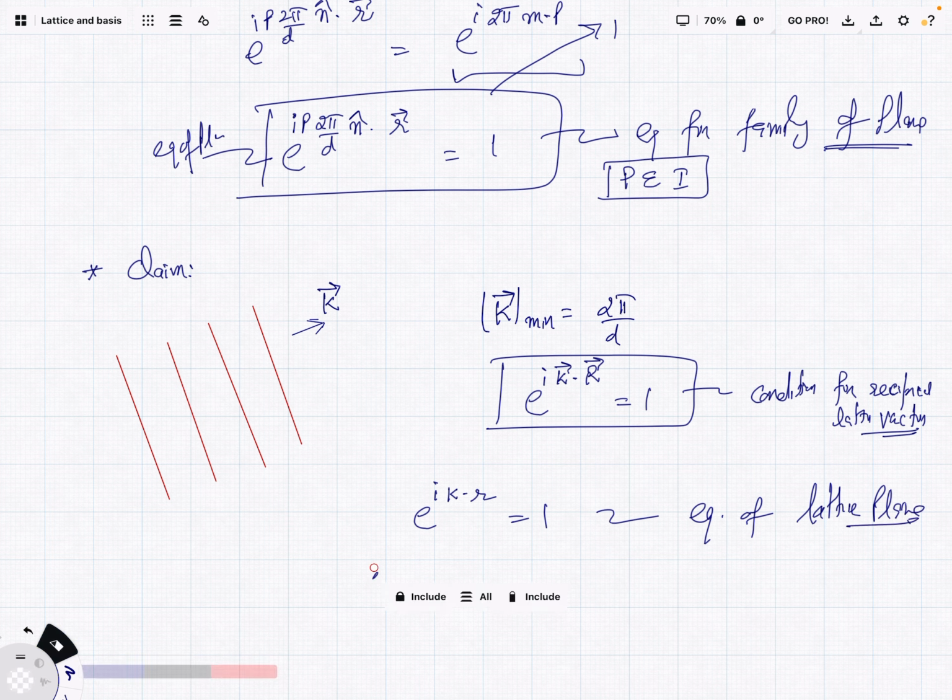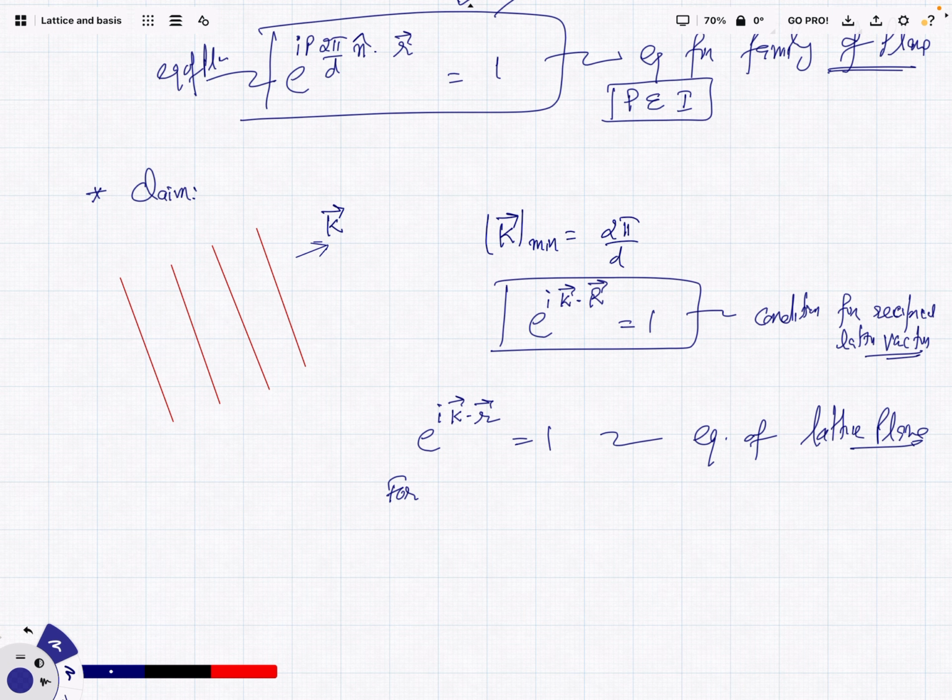For any lattice point, here R was a continuum vector. For any lattice point, this R has to be capital R, the Bravais lattice vector. If I want to go to any lattice point, instead of R I have to put capital R. So if I put R as capital R, I get the equation capital K dot capital R is 1.